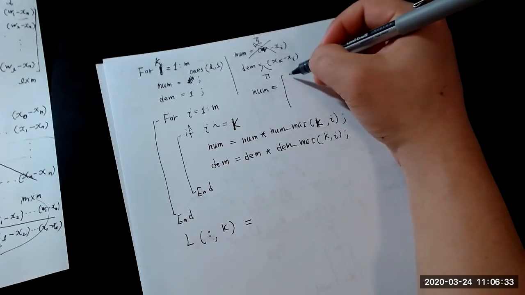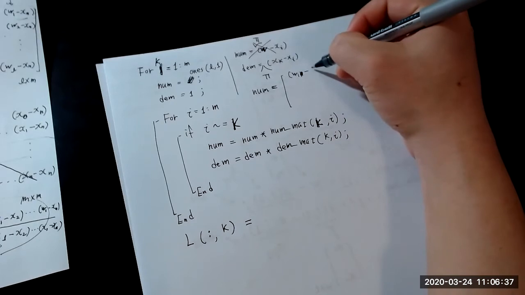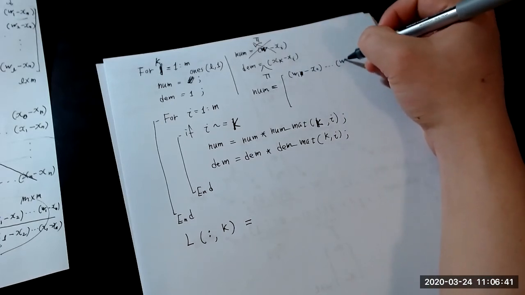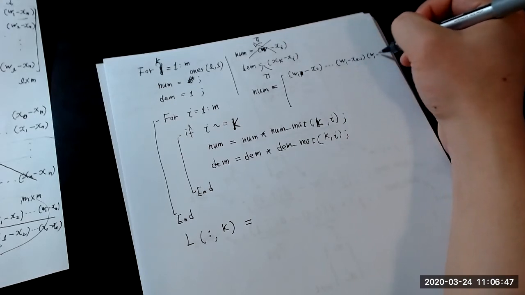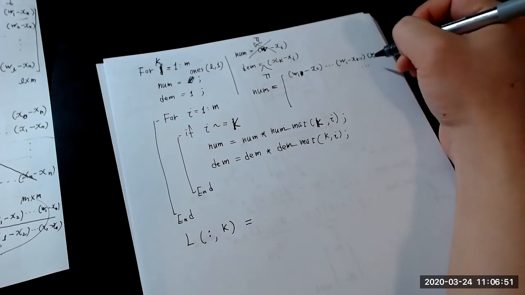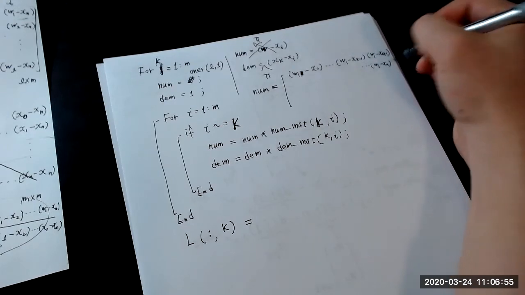The first entry is W1 minus X0, times through W1 minus X(k minus 1), times W1 minus X(k plus 1), through W1 minus XN.